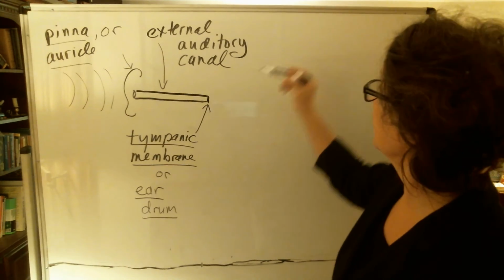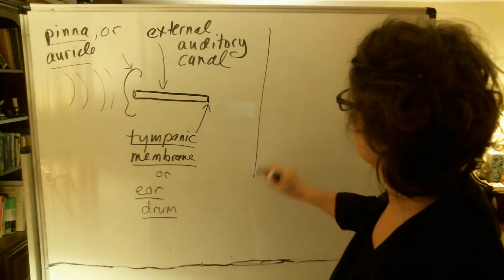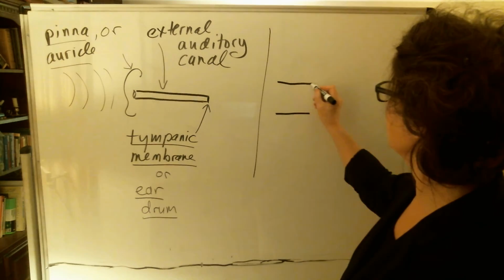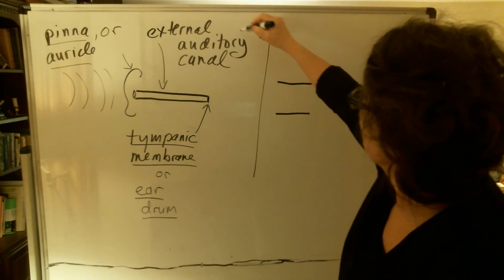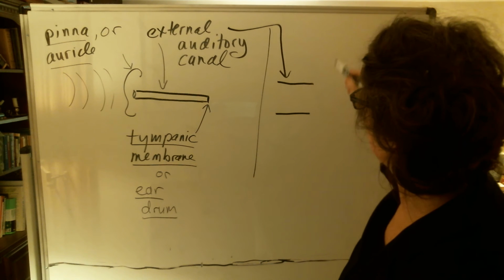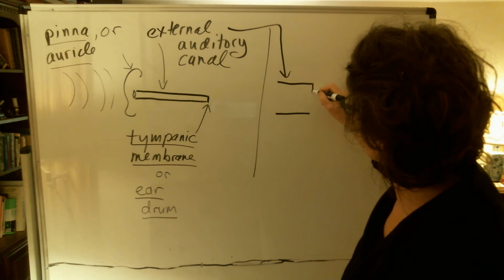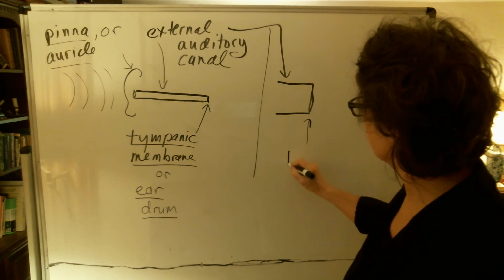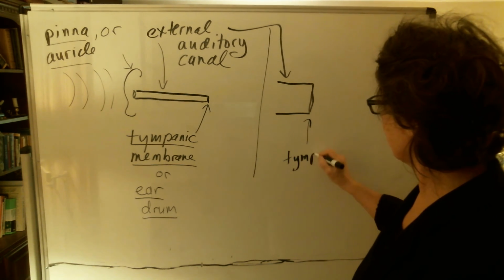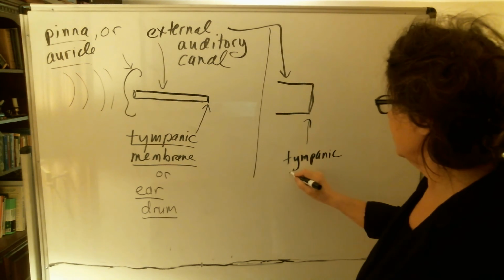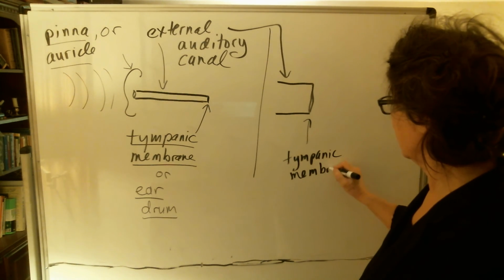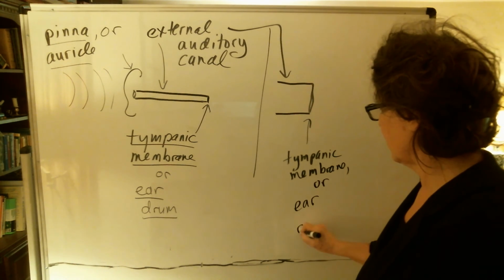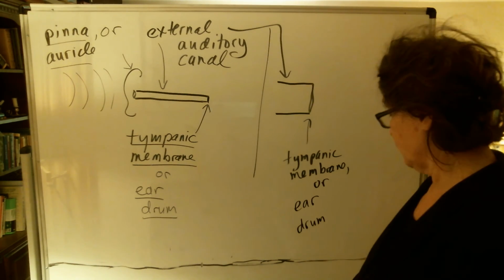So what is going on at that end there? Let's take a closer look at that last part. So here again, we have the external auditory canal. And here we have the tympanic membrane or the eardrum.